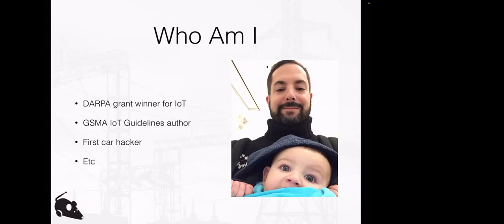I have focused on the embedded ecosystem, which was initially distributed systems, when we called it machine to machine, we called it telematics, and then it evolved into IoT. I was really blessed and lucky to be one of the first researchers in this space, along with the great Barnaby Jack, who sadly we lost, right? But there were only a couple of us at the beginning of IoT hacking in general.